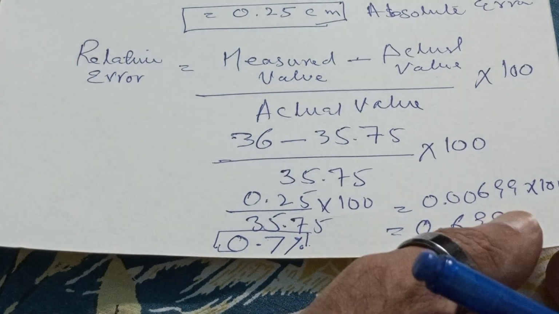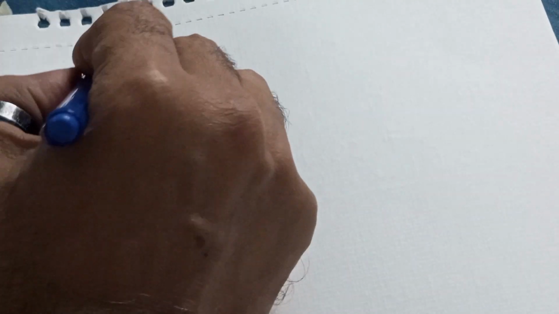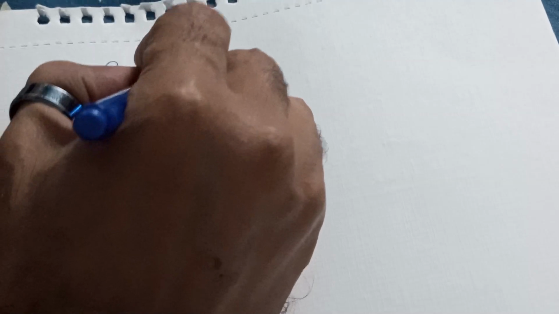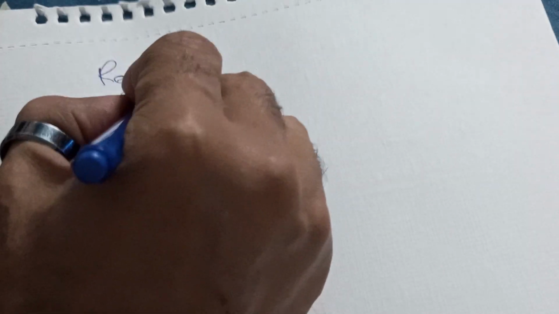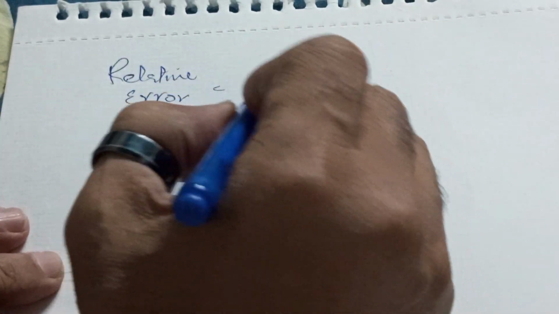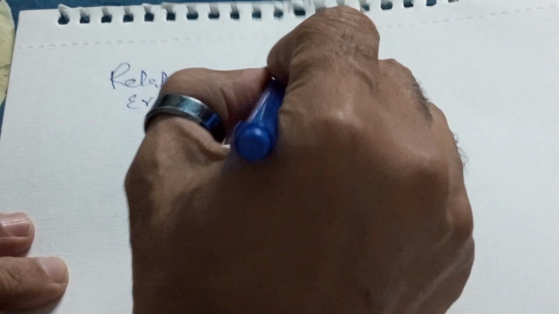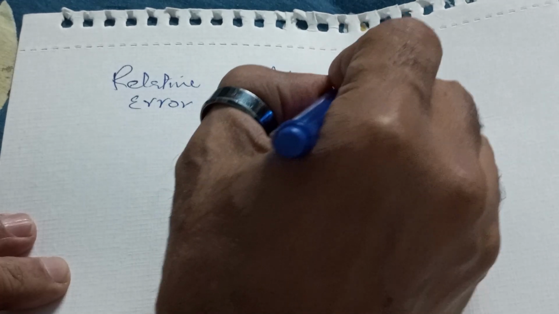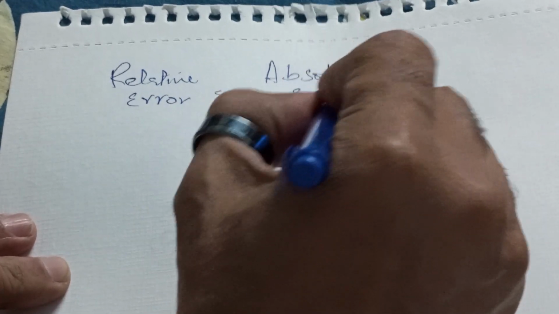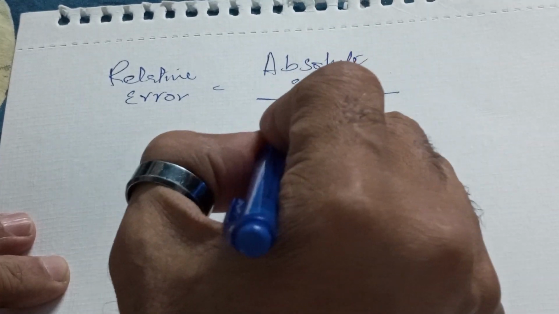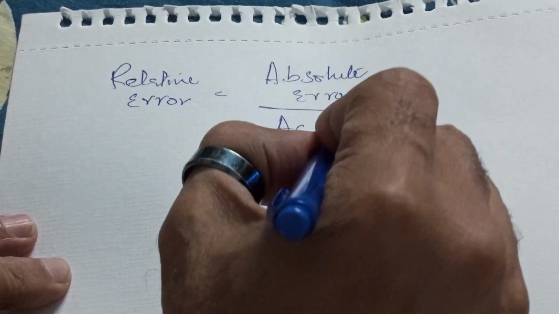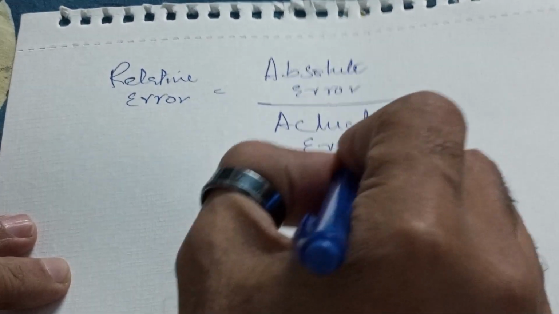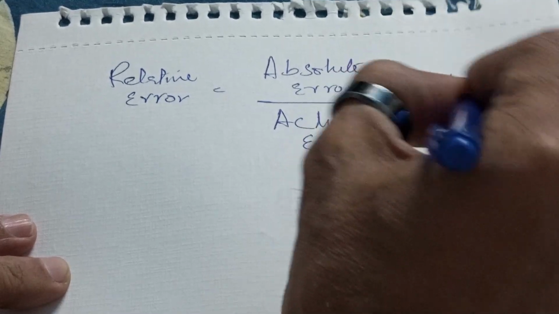After getting the absolute error, we can go for the relative error. Then we take the absolute error divided by the actual value, again into 100.